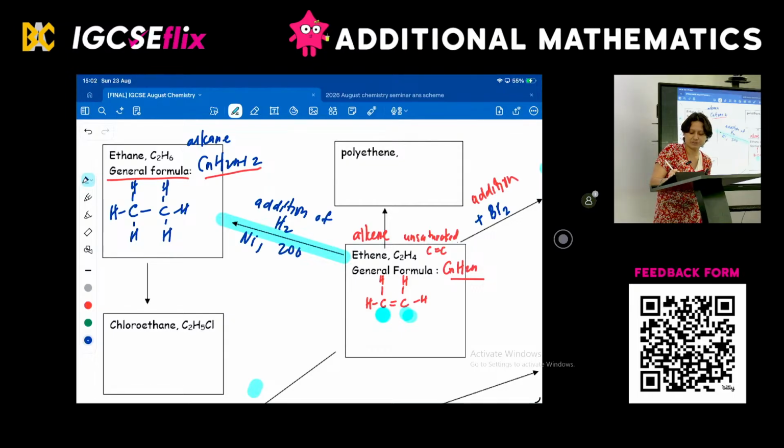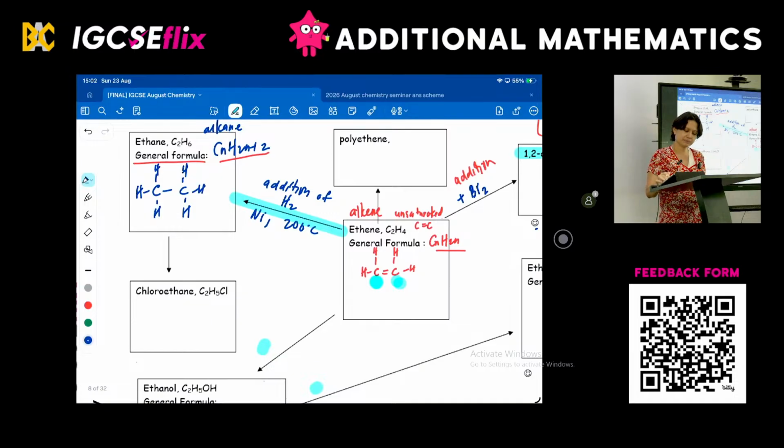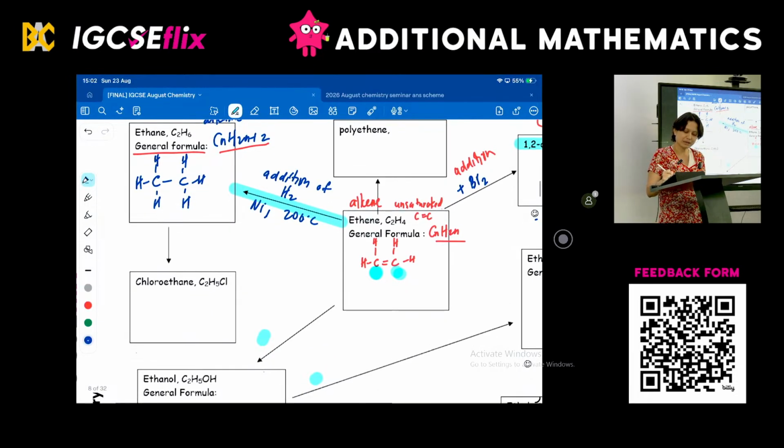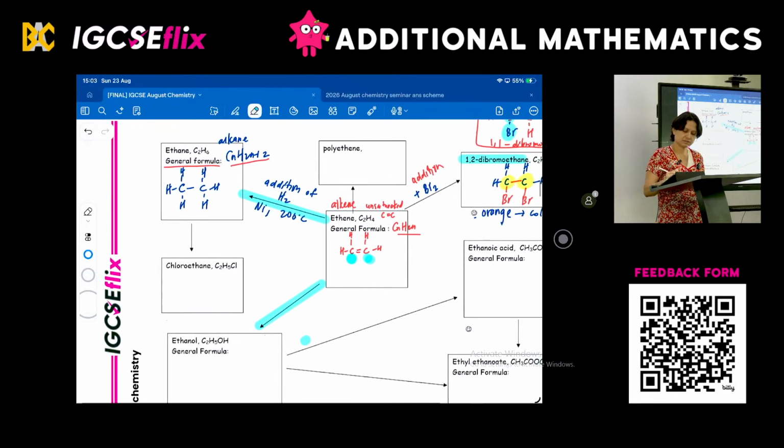Temperature 200 degrees Celsius. Need to memorize, yeah. Okay. What about going down this way? Try this one. It's also an addition reaction.